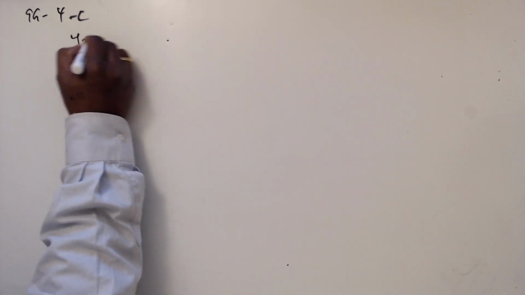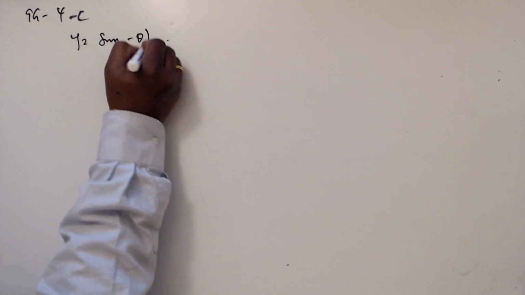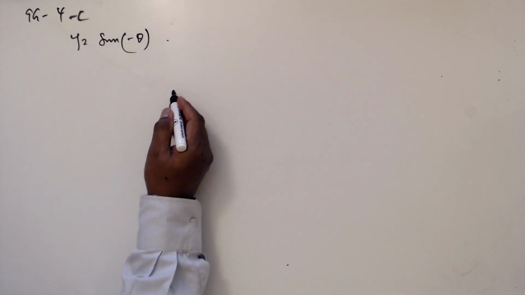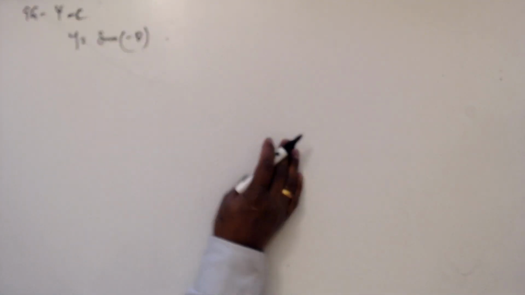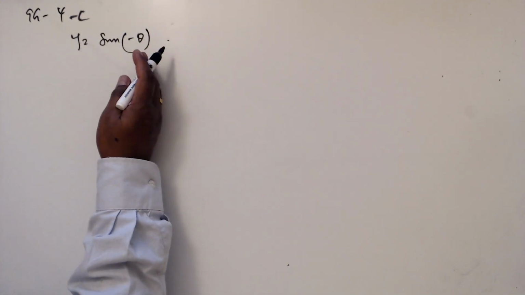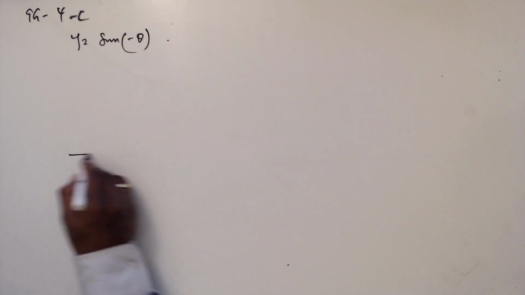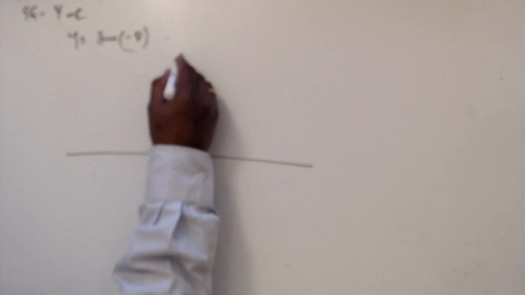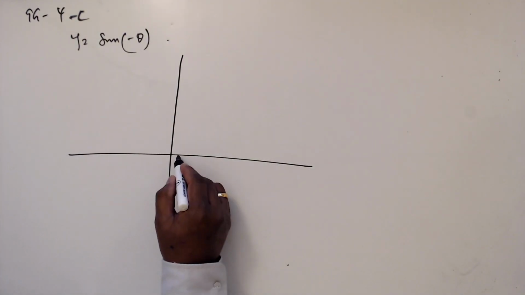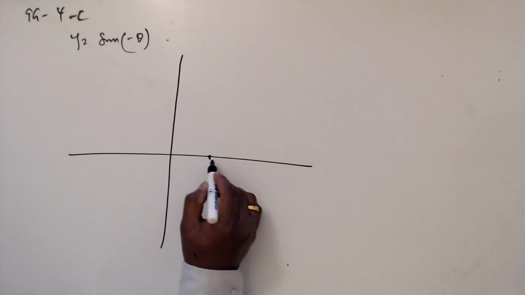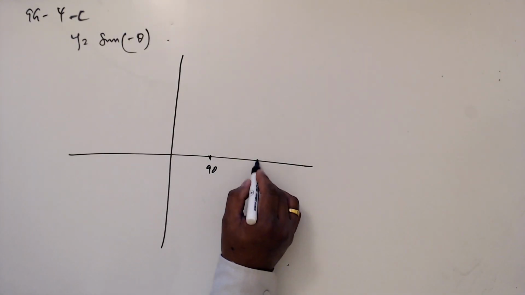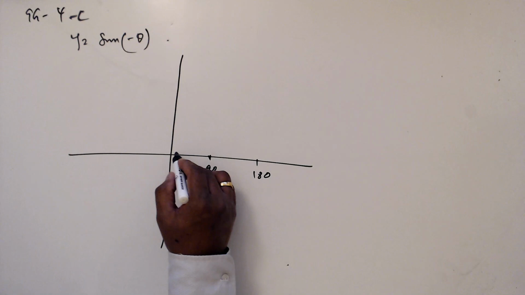Next one is y equals sine minus theta. It means it's going to be a reflection of sine theta on y-axis. This is 90, 180.